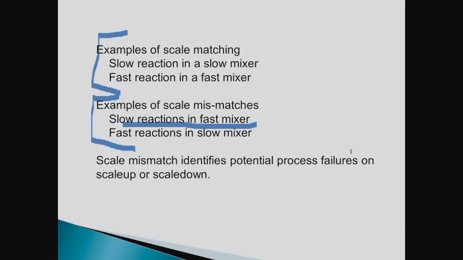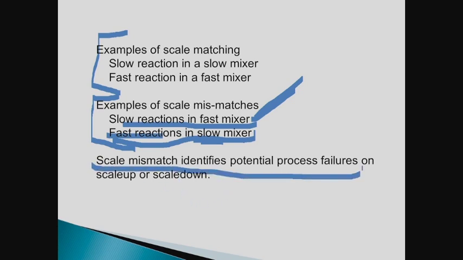Slow reactions in a fast mixer. Obviously, the reason why you would want to do that is the second one down here: to control fast reactions, you want to mix it slow. By the way, slow, slow, fast, fast, you're comparing mixing time with reaction time, right? These are slow reactions in a fast mixer, which means the mixing doesn't matter. And you have fast reactions in a slow mixer, that means the mixing controls, right?